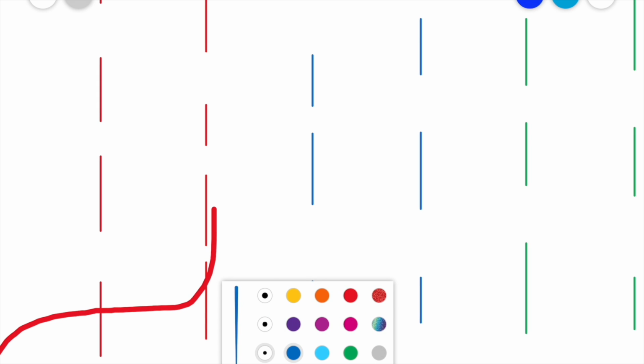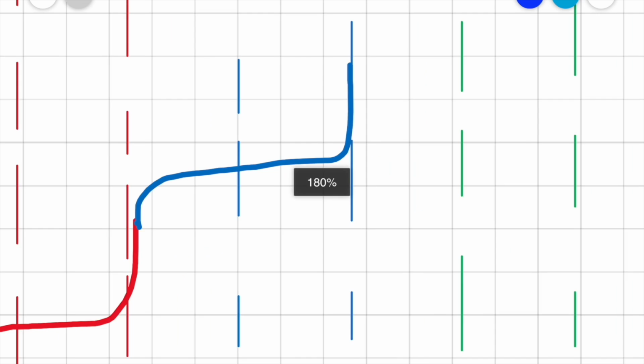Then over here I'll do the same thing, a gently increasing slope followed by a sharp increase. And then this one you should have this. I use a thicker line so you can distinguish my graph, and then after that, that should taper off to be a horizontal line.